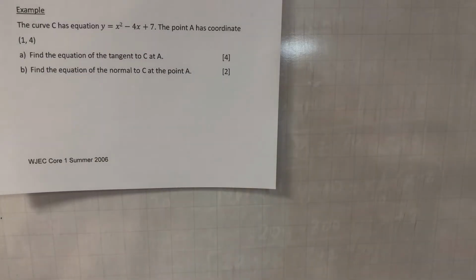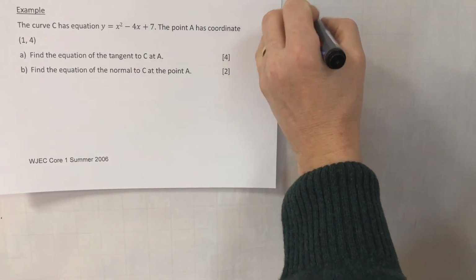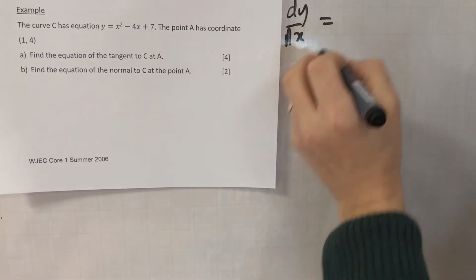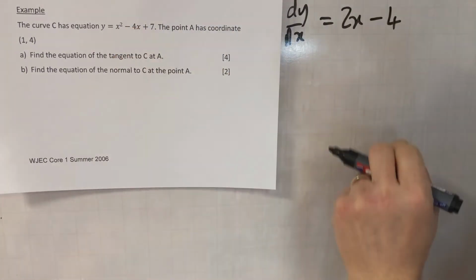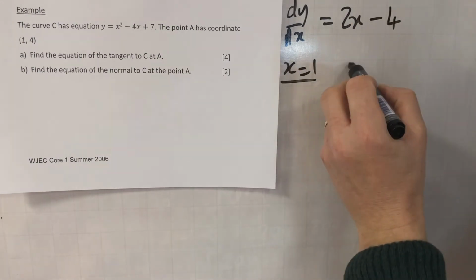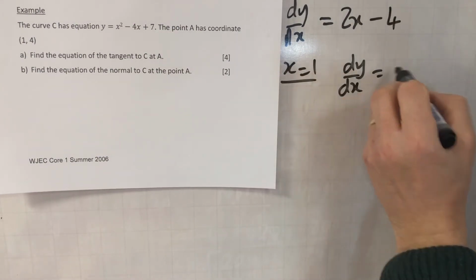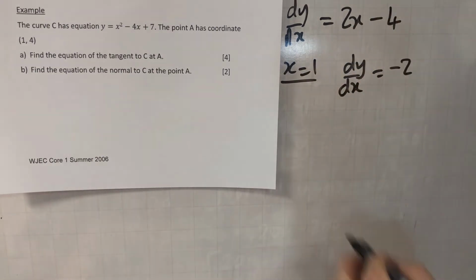So this example is actually a past paper question, tangent and normal. So we start with dy by dx. 2x take 4. So when x equals 1, the gradient will equal 2 take 4, minus 2.